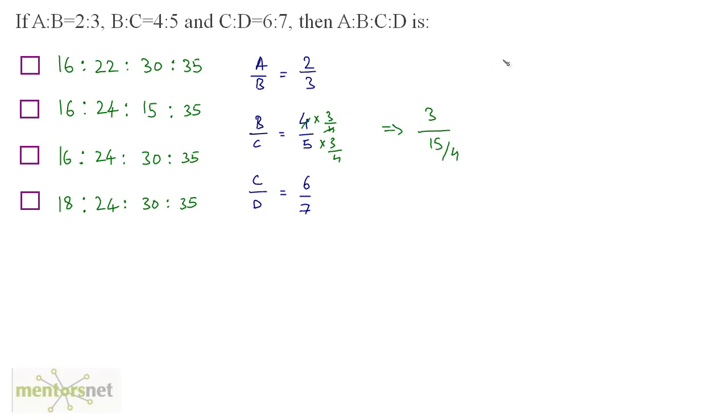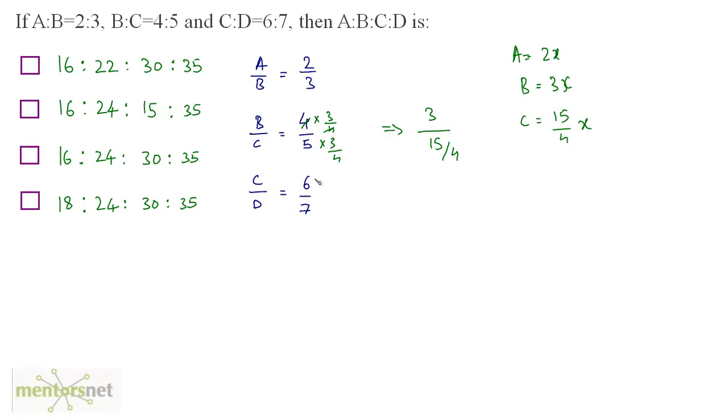Now I can say that A is 2x and B is 3x. Now let us assume that C is 15 by 4x. Now I cannot say that C is 6x as well, because we have already assumed that C is 15 by 4x, and subsequently we cannot also calculate the value of D.